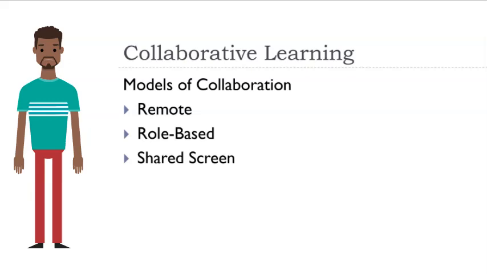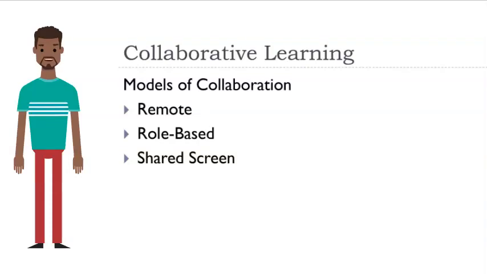Models of collaboration. In this lesson, we'll be presenting 3 models: the remote model, the role-based model, and the shared screen model. In the remote-based model, individual devices are connected to a shared document or a learning management system to collaborate.